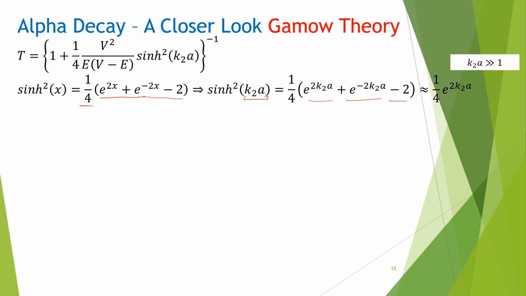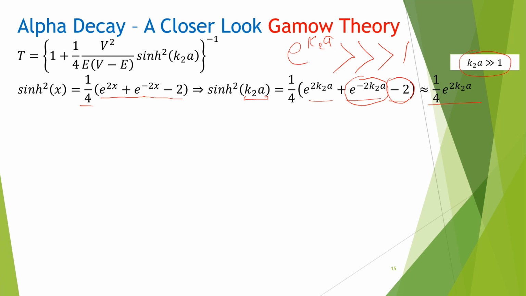Now note that K2A is very large as compared to unity. So e to the power K2A will be much larger than unity. So I can ignore this same quantity 1 upon it, that will be very small, and 2 also is a very small number to be ignored. So it is 1 by 4 e to the power 2K2A.